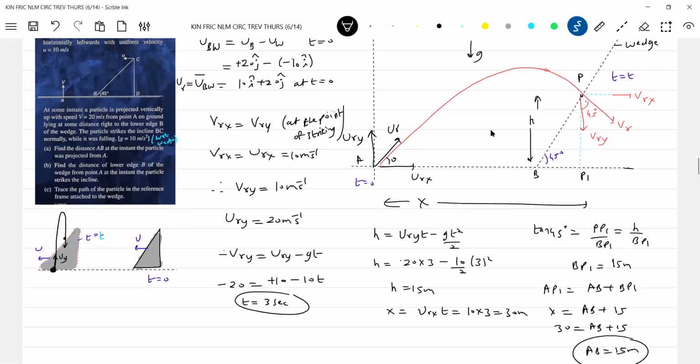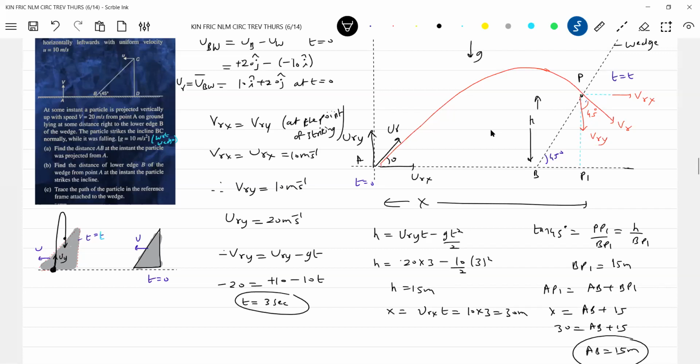Find the distance of lower edge B of the wedge from point A at the instant the particle strikes the incline. Find the distance AB at the instant the particle was projected from A. So now he's asking the distance of B from the point A at the instant the particle strikes the incline. What is he asking?